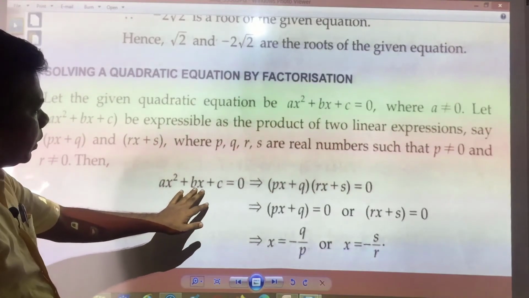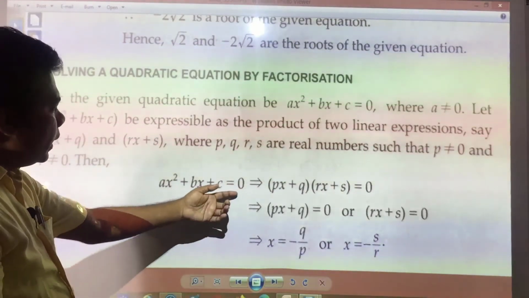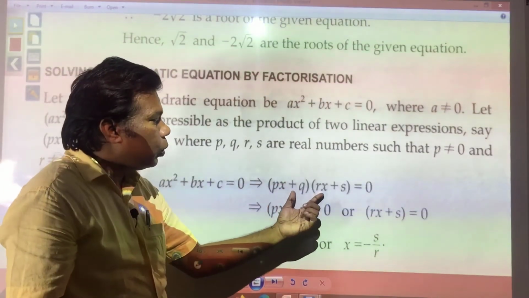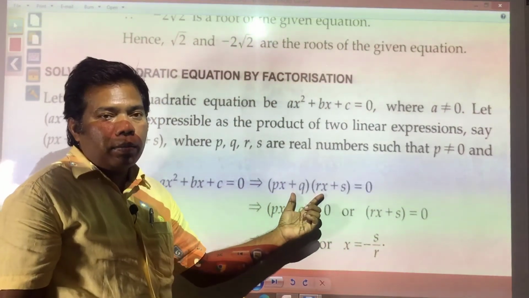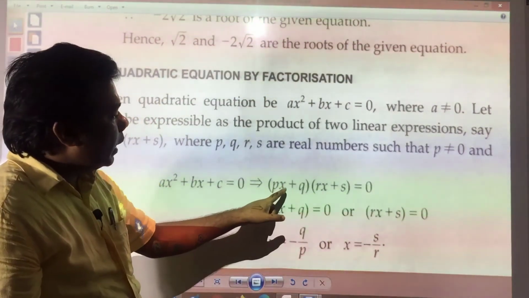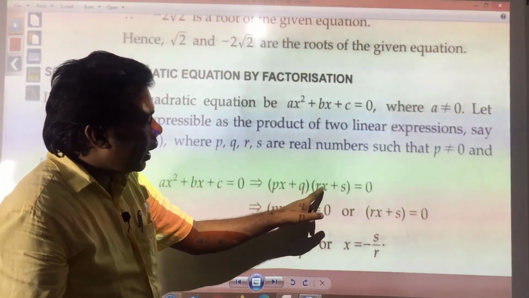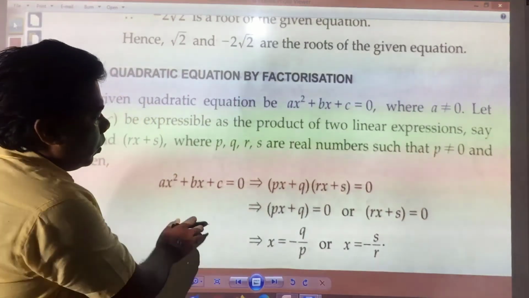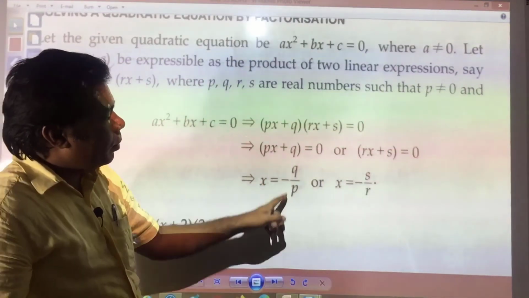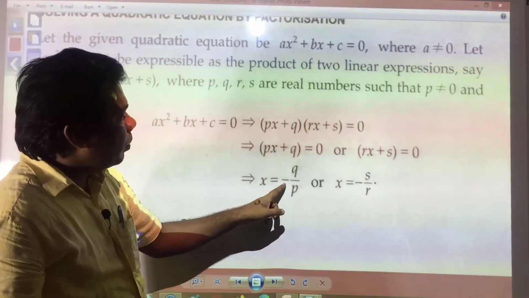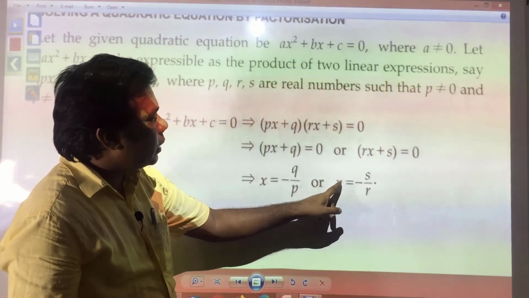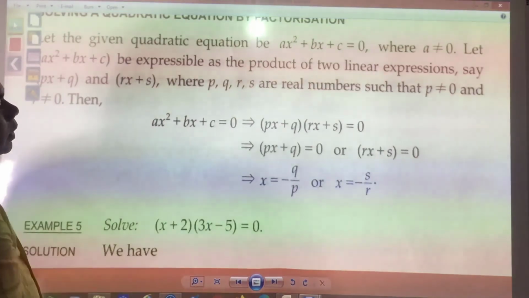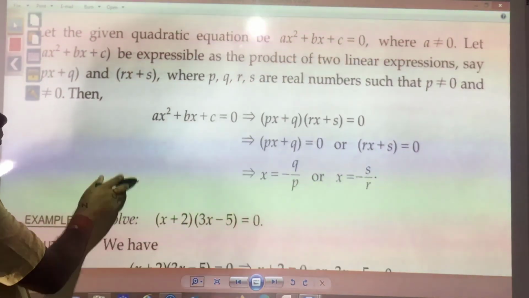Then ax square plus bx plus c is equal to 0 can be written as the product of the two linear polynomials, px plus q into rx plus s is equal to 0. Then x is equal to minus q by p and x is equal to minus s by r. So, in this way it is required to be solved.